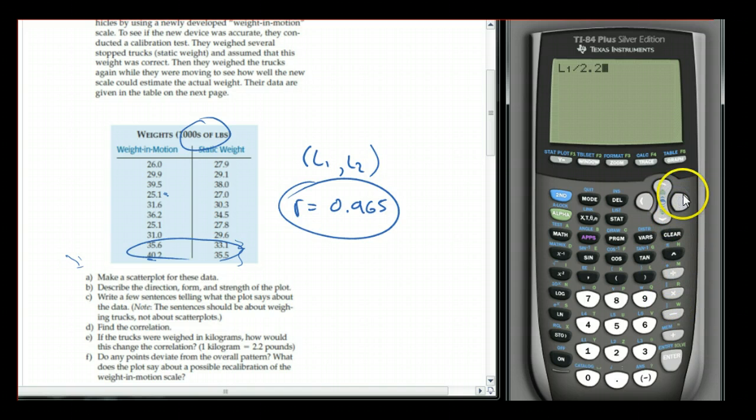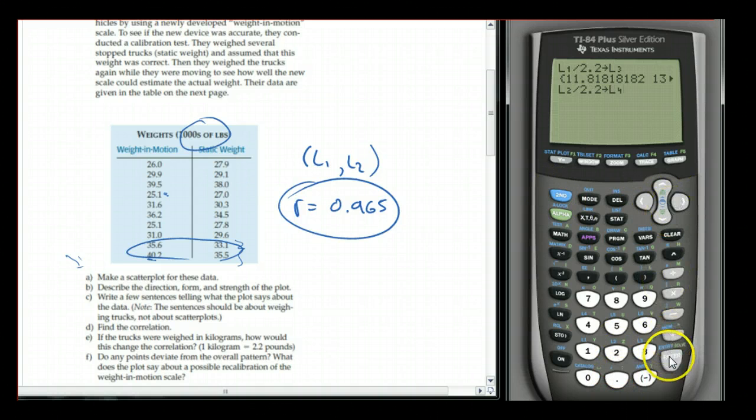I'm going to store those into L3. Then I'm going to take my L2 values, divide those by 2.2, and store that into L4. I should probably put a decimal in here.